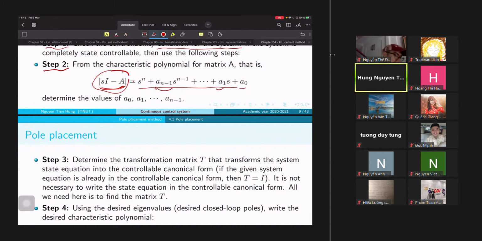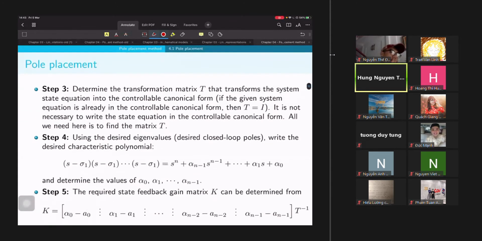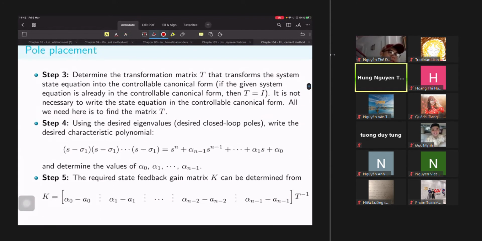And then in step 3, we have to determine the transformation matrix T, or maybe P, that transforms the system state equation into the controllable canonical form. I hope you still remember the controllable canonical form.